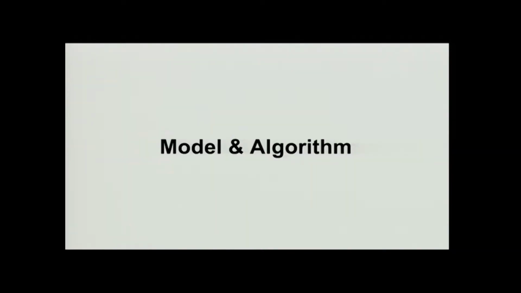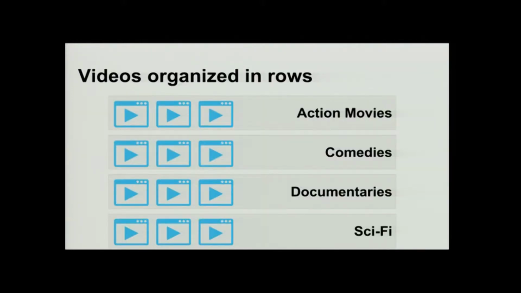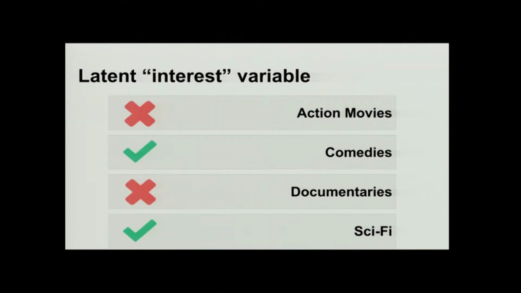So let's talk about the model and algorithm. On a very high level, our algorithm works like this. Given a page of rows, assume we have videos organized in these rows, and we assume that a user is only interested in a subset of rows.